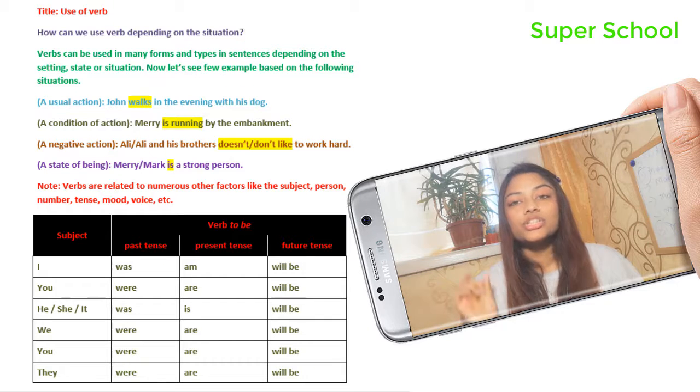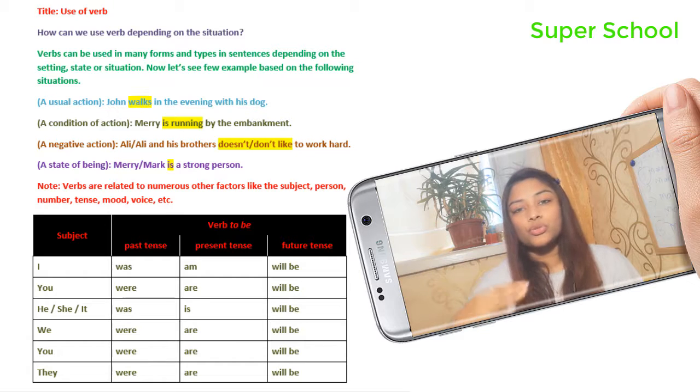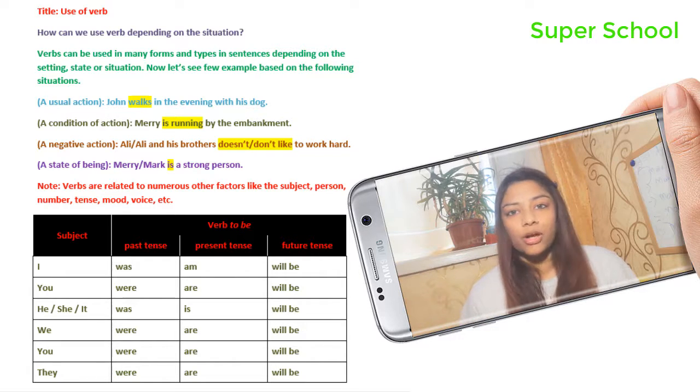A condition of action. That means any condition under which the action is going on. So usually we use present continuous, or you can also use past continuous, any continuous tense, to express such action.